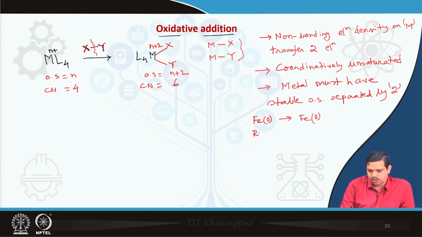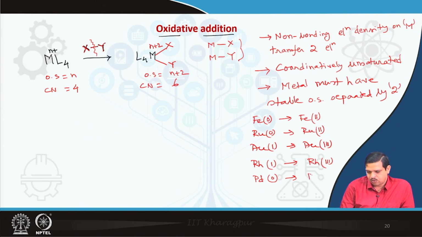Similarly, ruthenium 0 can undergo the oxidative addition. Similarly, gold 1 can undergo the oxidative addition. Rhodium 1 can undergo. Palladium 0 possible.